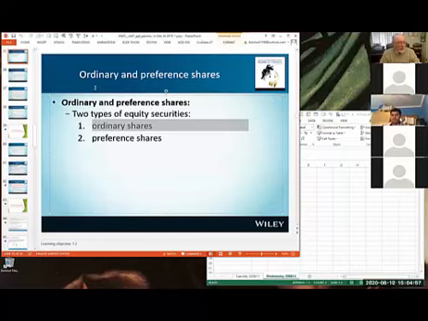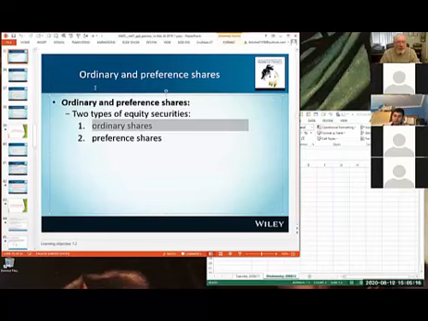That's your ordinary shares. The ordinary shareholder takes a share in the wealth production capacity of the company. As an ordinary shareholder, you also take a part of the risks of the company.